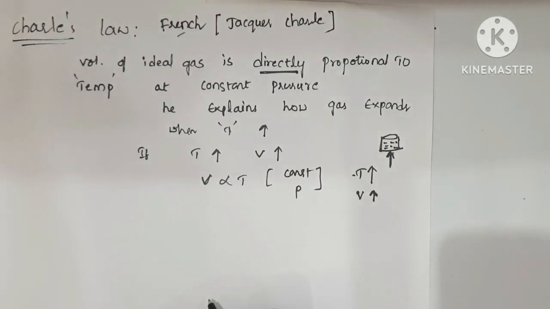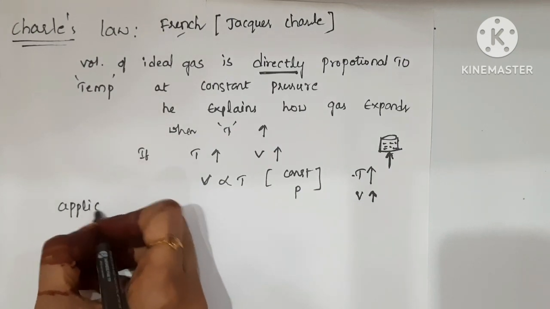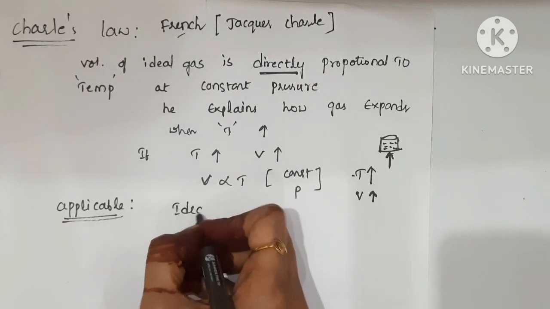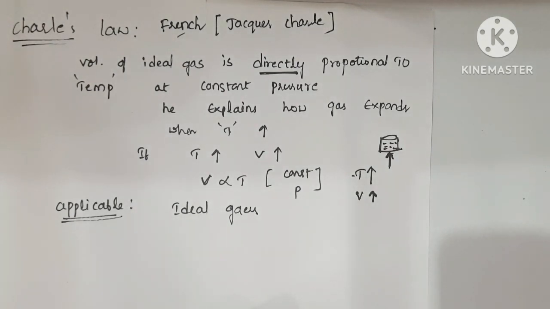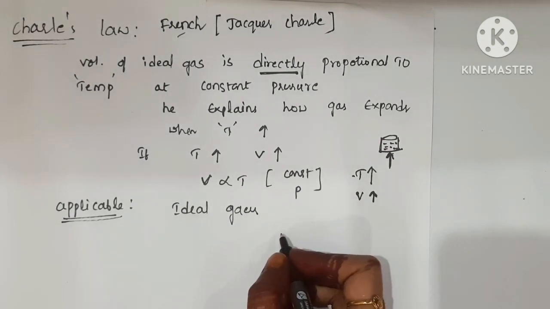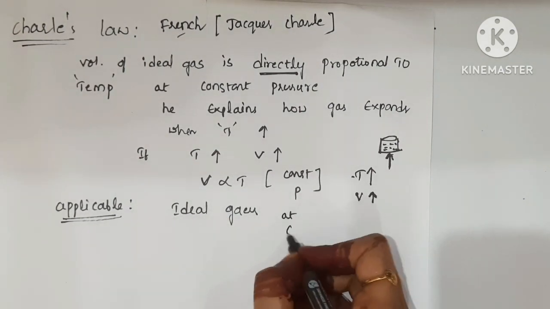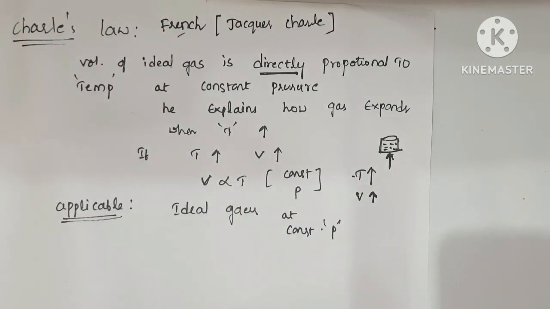This law is applicable to ideal gases only, held at constant pressure. These are the conditions for Charles's law.